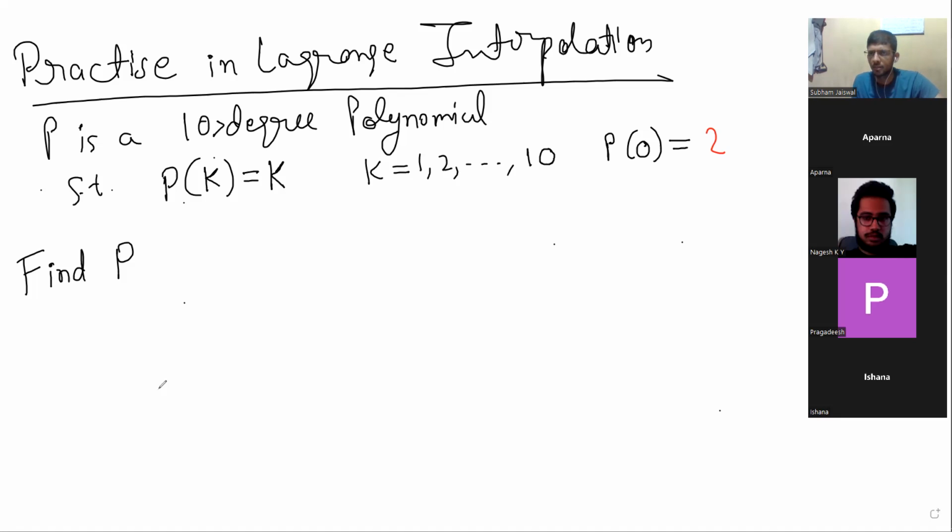Any ideas? In this case, both P of 0 and P of 2 will be 2, right? Because P of 2 is given in the first part and P of 0 is 2.